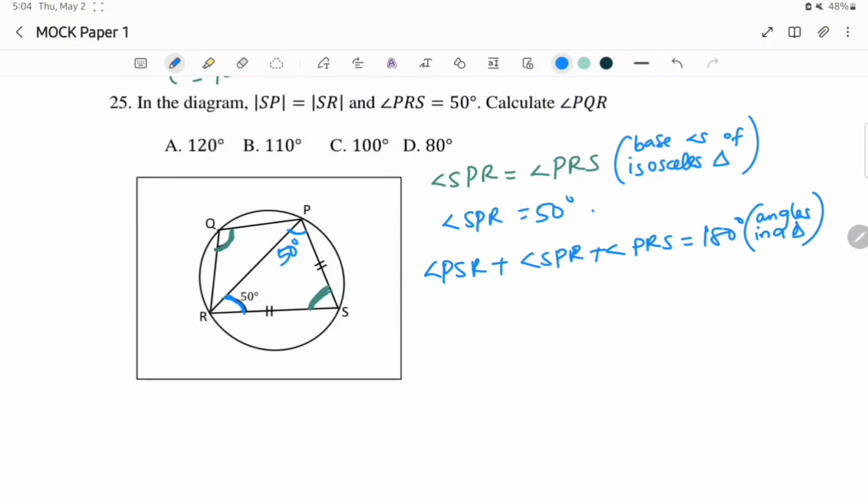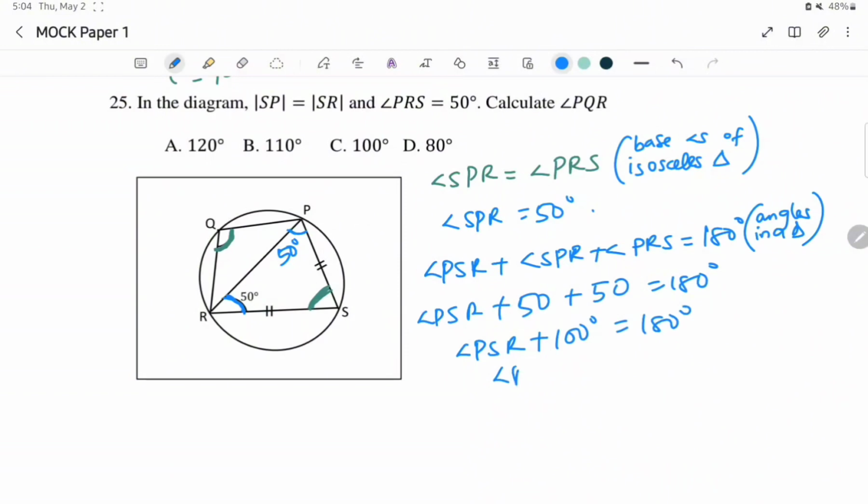So PSR that I'm yet to find, plus SPR, which is 50, plus PRS, which is also 50, equals 180 degrees. That means PSR plus 100 degrees equals 180 degrees. That means PSR is simply the difference between 180 degrees and 100 degrees. That's 80 degrees.